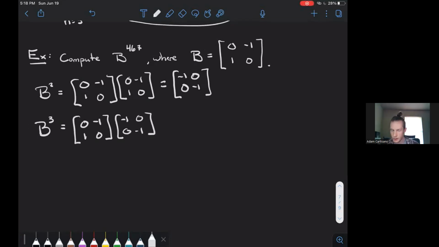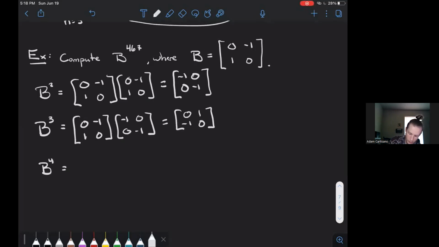The effect of multiplying on the right by a scalar matrix where the scalar is minus 1 is going to just multiply all the entries of the first matrix by -1. So I'll tell you the output is going to be [0, 1; -1, 0]. Now you should check that with normal matrix multiplication. I'm not going to do it here because we've done a lot of that already.